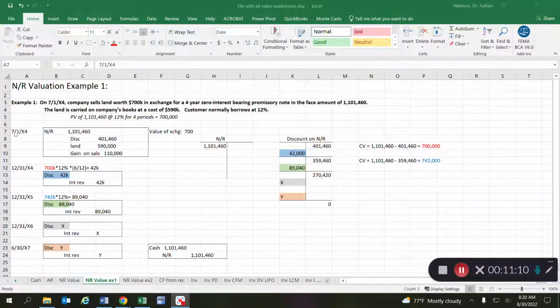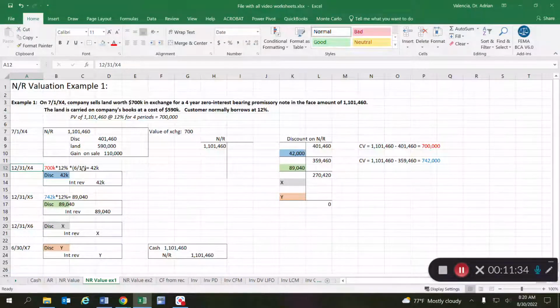So between July 1st, X4, or whatever that year may be, until December 31st, X4, 6 months have passed. So because 6 months have passed and we're trying to prepare financial statements as of 12/31, we need to recognize how much interest has accrued and how much interest we have earned during that period.